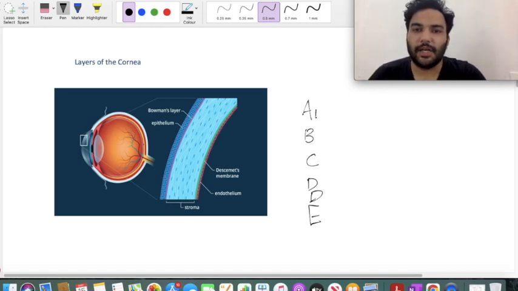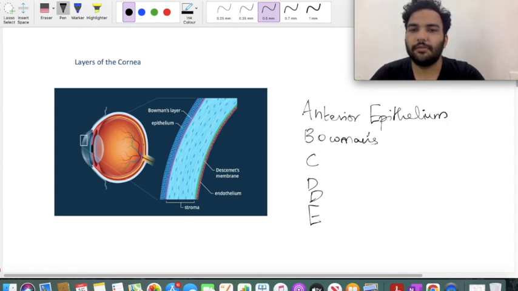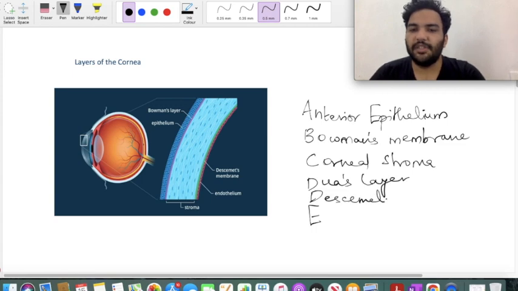So the layers are anterior epithelium, Bowman's membrane, corneal stroma, Dua's layer, Descemet's layer, and the endothelium.